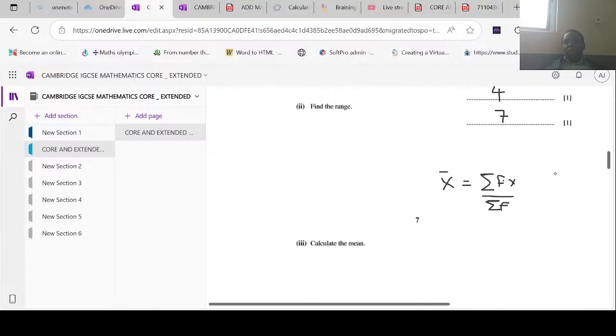So let's find the mean. The mean is going to be 111, and of course it's going to give us a decimal, divided by 30.